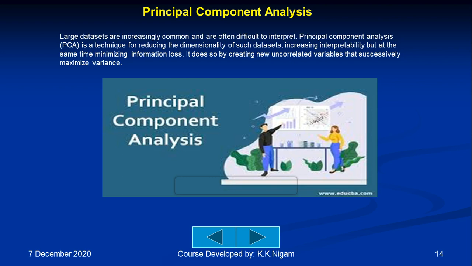Large data sets are increasingly common and are often difficult to interpret. Principal component analysis is a technique for reducing the dimensionality of such data sets, increasing interpretability, but at the same time minimizing the information loss. It does so by creating new uncorrelated variables that successively maximize variance.